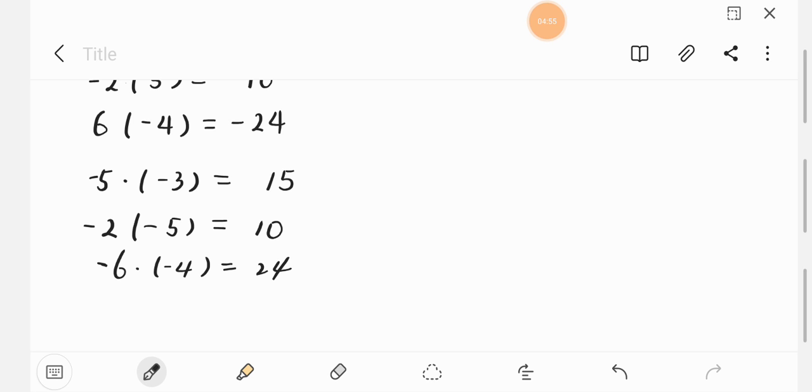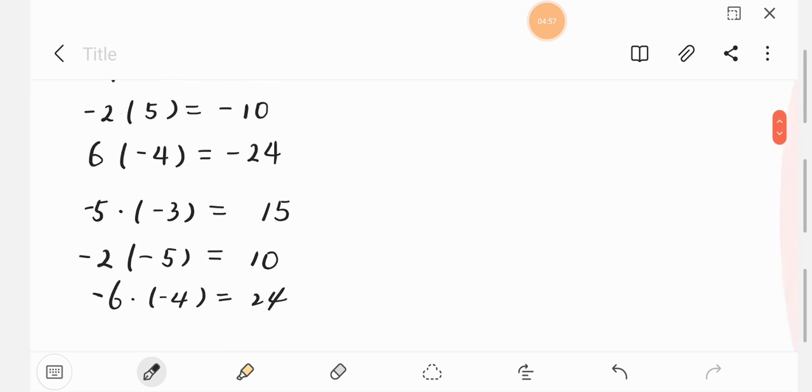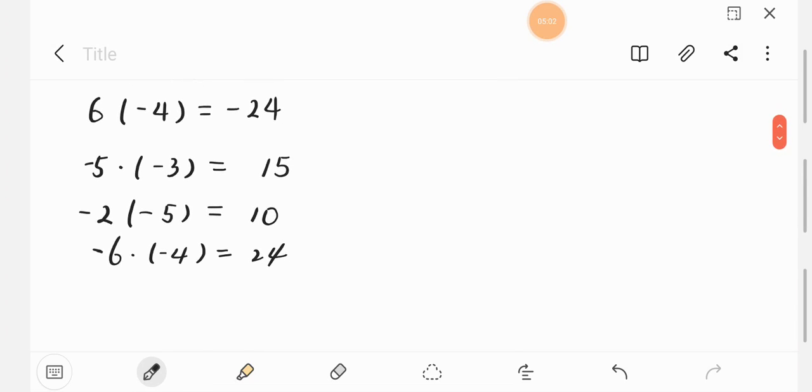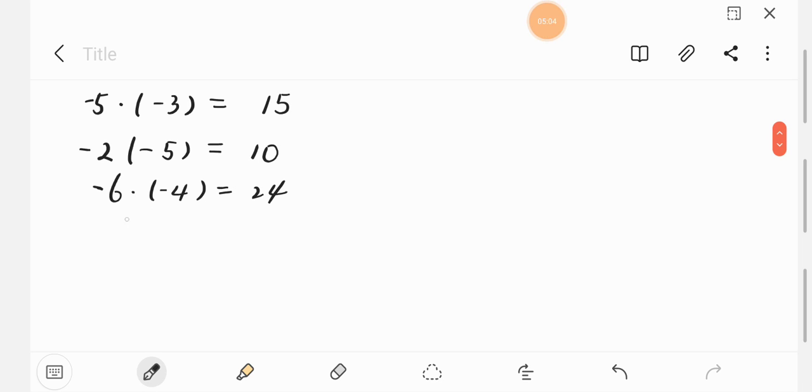Alright, when you multiply two numbers and the second number is negative, can we write negative 3 times negative 5 like this? Well, you may write it like this because there is a dot that represents you're multiplying two numbers. But if the second number is negative, it is better to put parentheses.